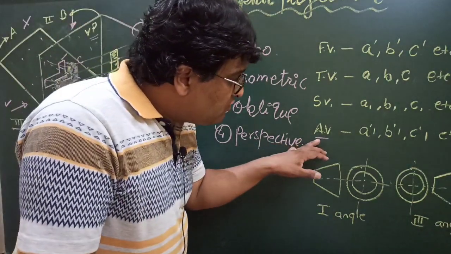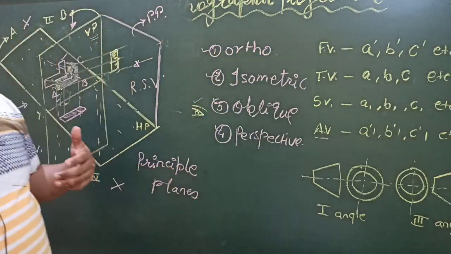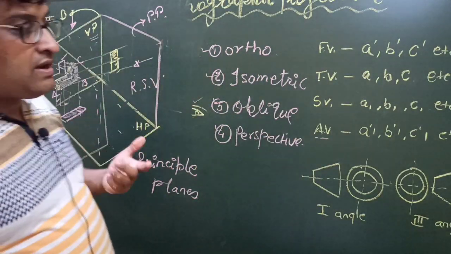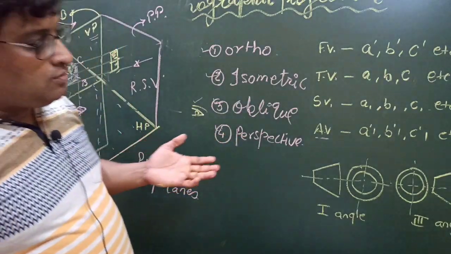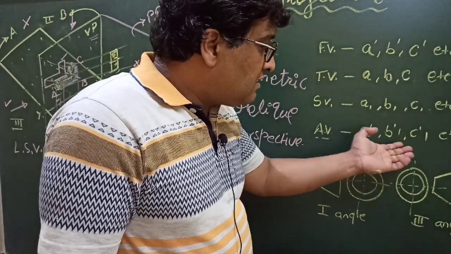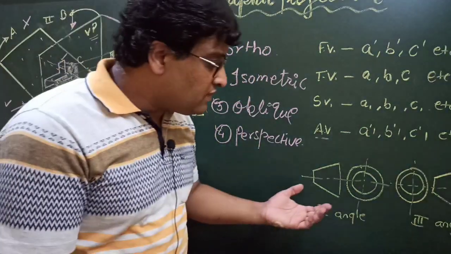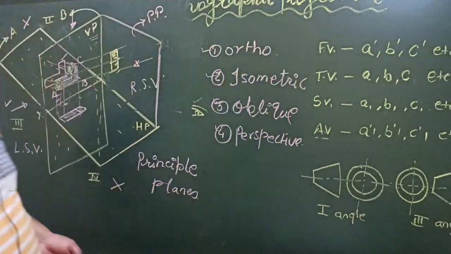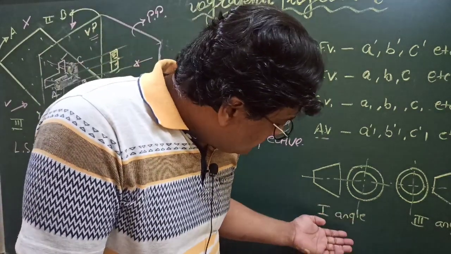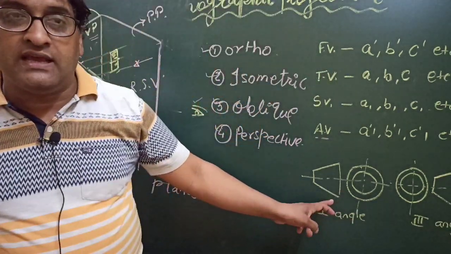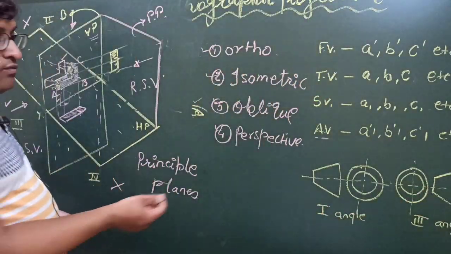As far as auxiliary views are concerned, I have taken projections on auxiliary planes in a few videos, right? You can go through them also, but it's a different part. For that, notations are provided here. Now, as far as the symbol of first angle projection or third angle projection is concerned, this is the symbol for first angle projection and this is the symbol for third angle projection.